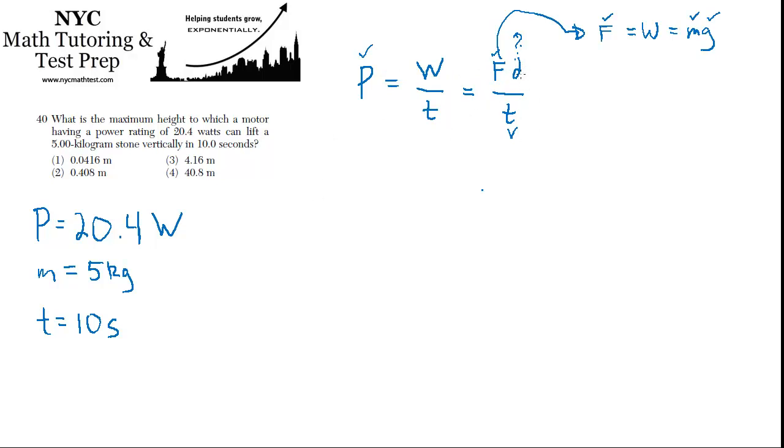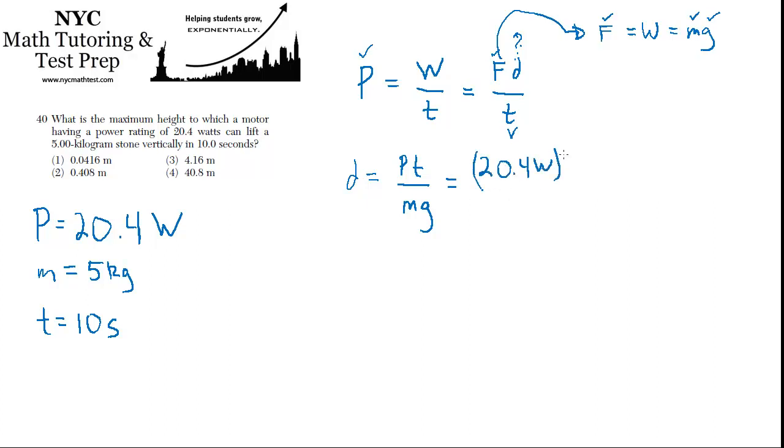So let's solve this equation for distance. We're going to multiply by time on both sides and then divide by mg. So distance equals power times time divided by F, which is really mg. So divided by mg. Okay, and the power is 20.4 watts.